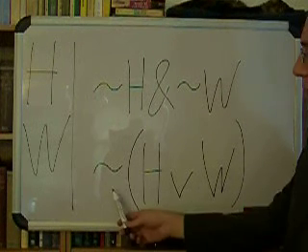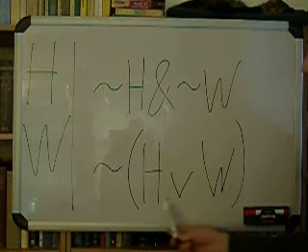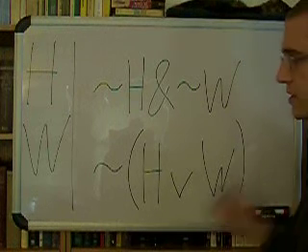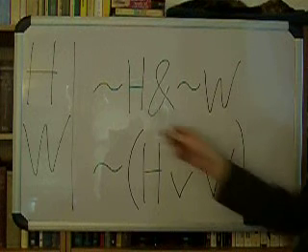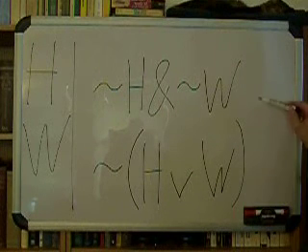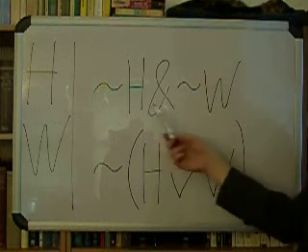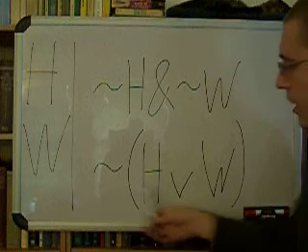By distributing the tilde over the entire term, we're able to say either one of them is impossible. It has to be neither. And that's the same thing as this, logical equivalence. Not one or the other is the same as saying both are not. Both are not true, and not either is true.